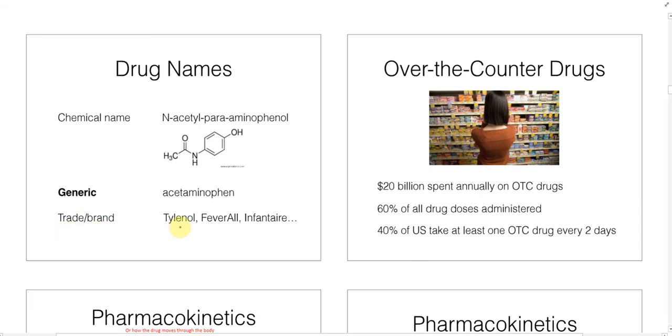So we may have Tylenol, Feverall, Infantaire. That's a horrible name. But for all of them, the generic is acetaminophen. And that's the one we should use to communicate with patients whenever possible and try to encourage them to communicate with, because it just makes communication much more seamless.